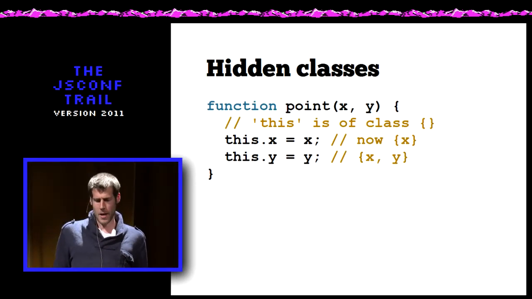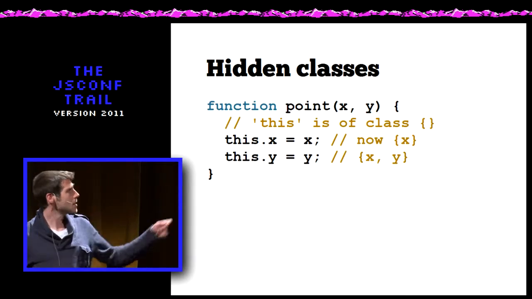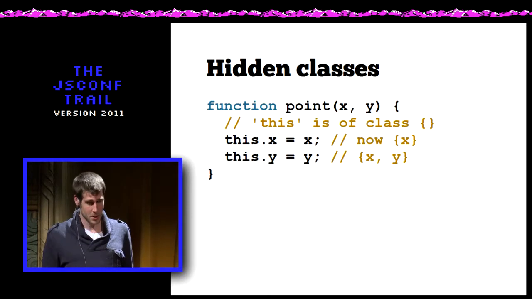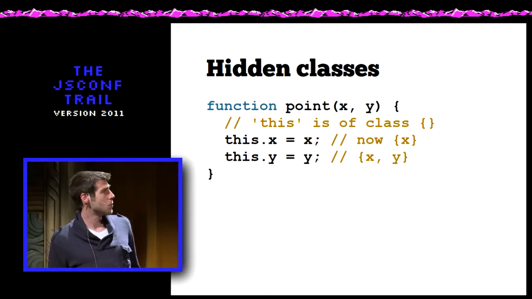When you call new Point, it creates an empty object of this class, and you assign to its x, and it looks up in this hidden class in the list of successor classes whether there's one that's created by assigning x. If there is, then it takes that class. If not, it creates a new class and adds it to the list. Then the same for y. So after this, you will have uniform objects after running this constructor, which have prototype of Point and x and y properties.